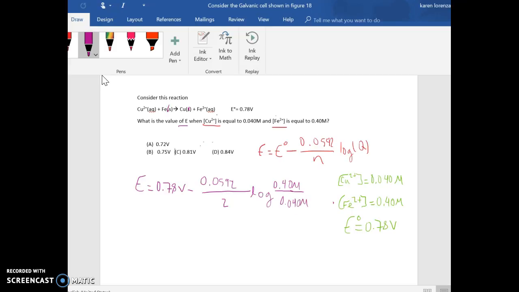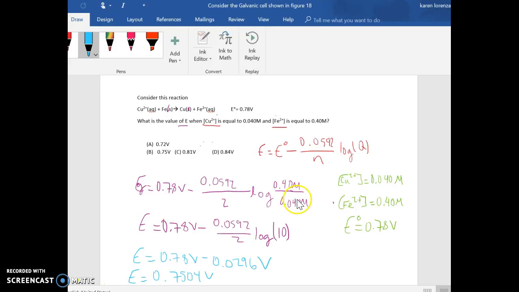We plug everything in and solve for our non-standard EMF.